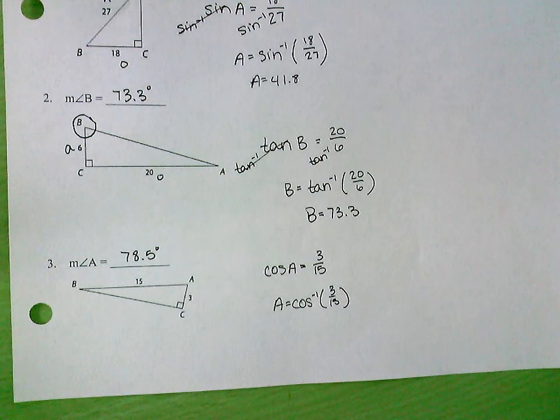So you should get cosine as the trig ratio you're using. You have the adjacent side and the hypotenuse. Then I could take the inverse of both sides and get that angle measure to be 78.5 degrees. Any questions?